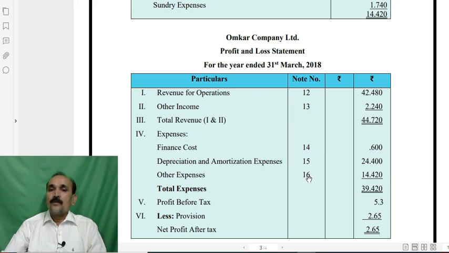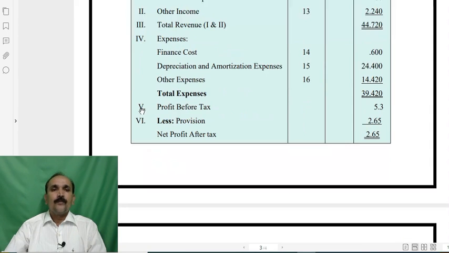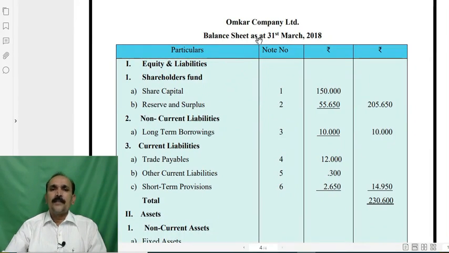Other expenses, note 16, 14,420. Total expenses 39,420. Fifth, profit before tax 5,300 or 5.3, less provision 50%, 2,650 or 2.65. After the deduction of tax, profit after tax is 2,650.